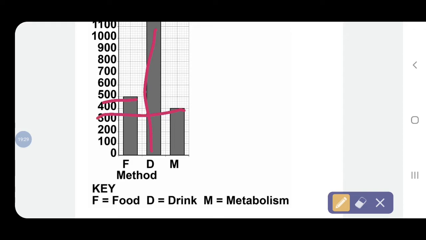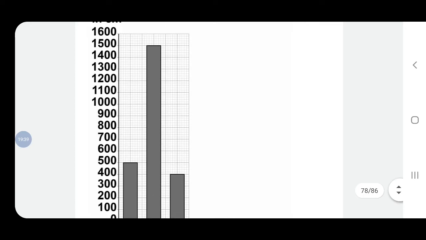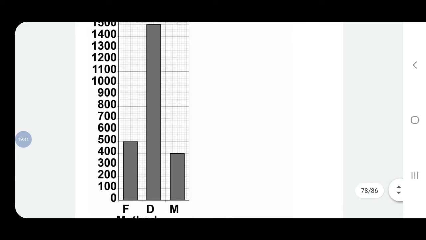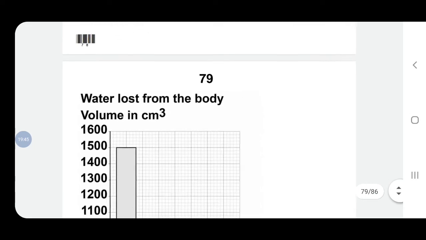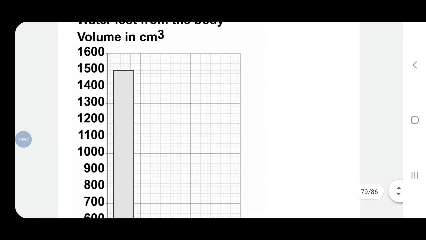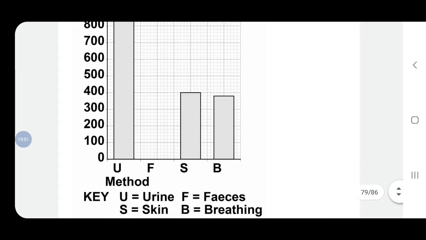So here is your level of water gained by the body in cubic centimeters. So 1500, this is whenever you drink. Water lost from the body, volume in cubic centimeters. So this is also 1500 by urine.